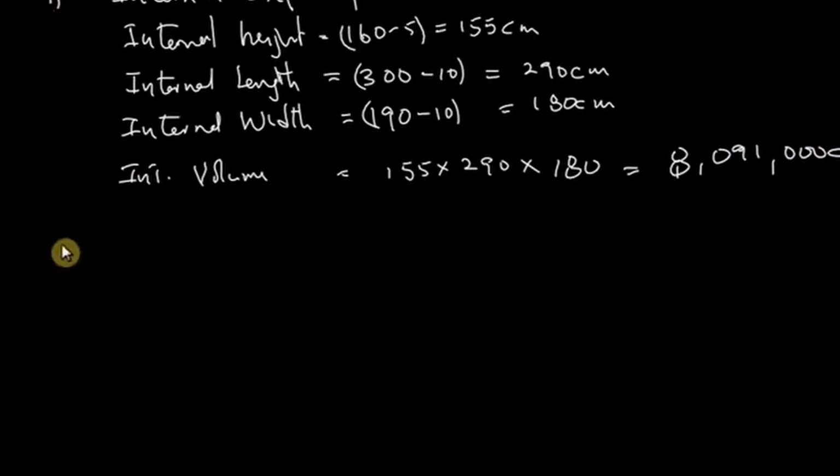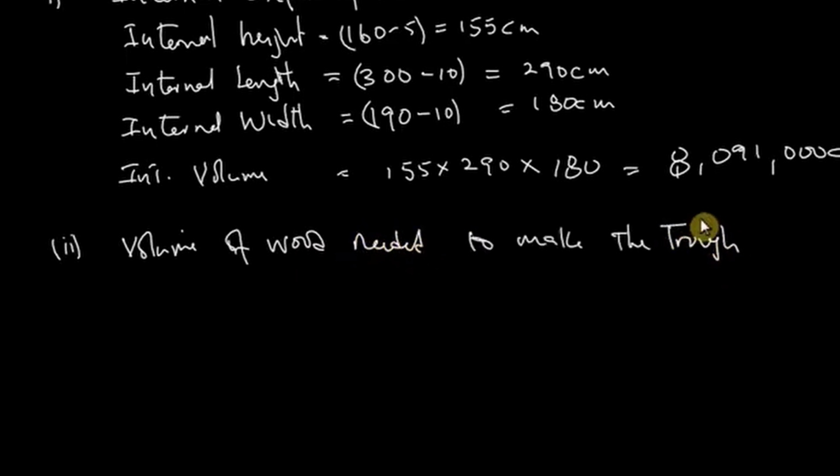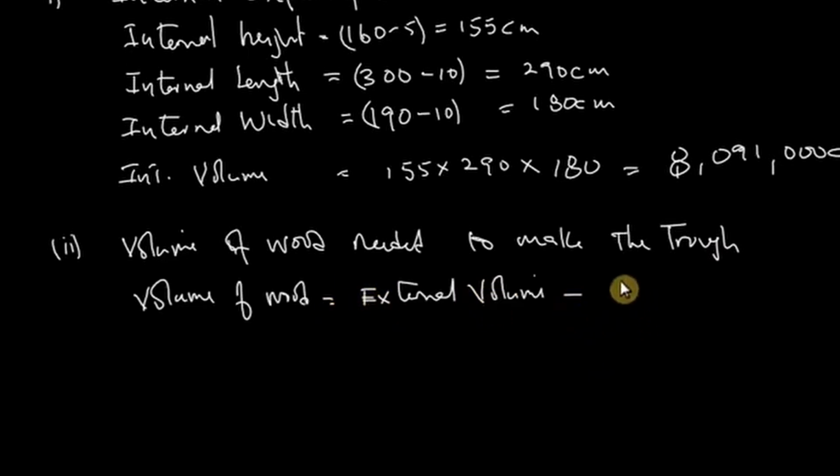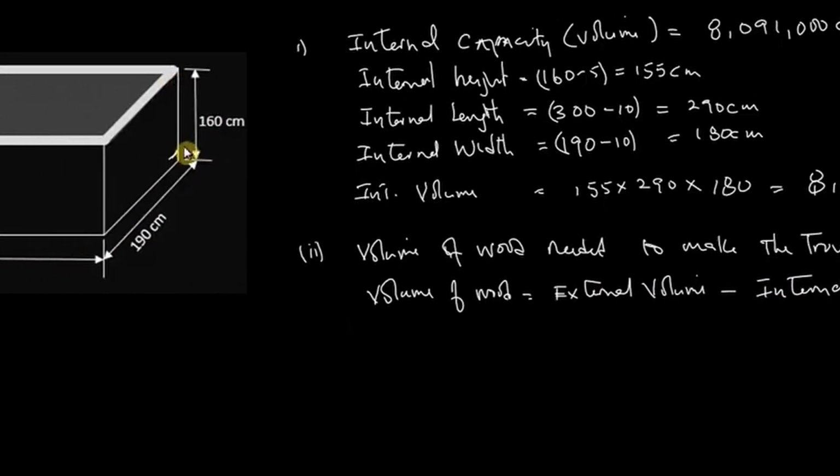Part 2 is asking us to find the volume of wood needed to make the trough, or the box if you like. So now we merely need to recognize that the volume of wood is equal to the external volume minus the internal volume. So we have the external volume, which uses the raw dimensions that you have here.